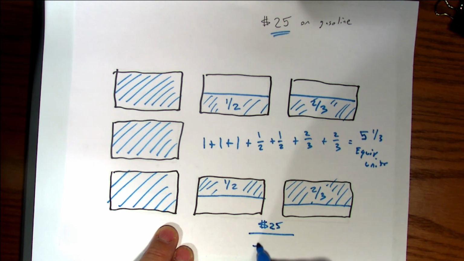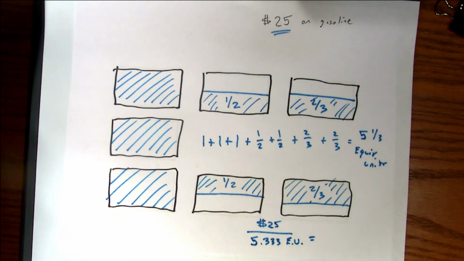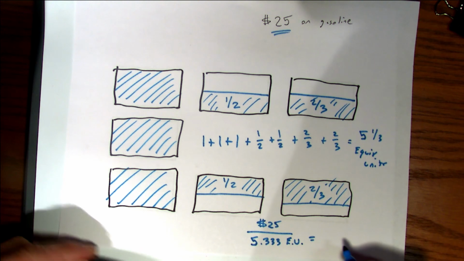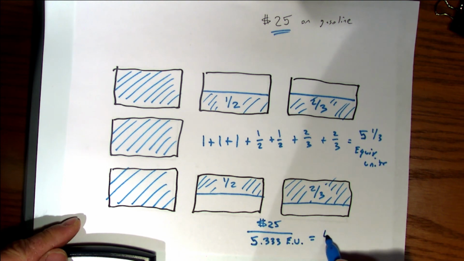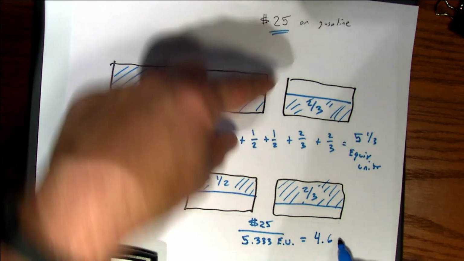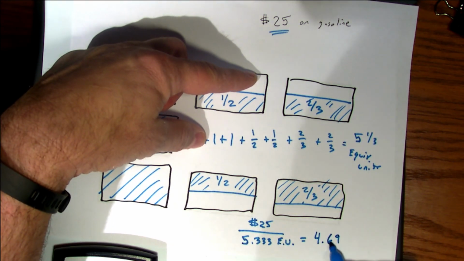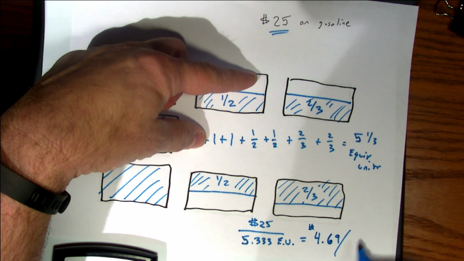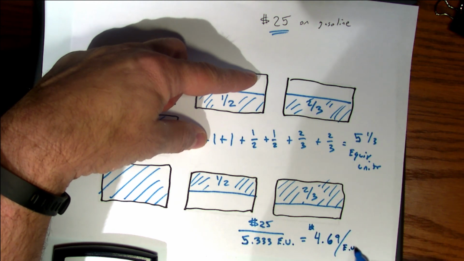You with me? So now what we can do is take that $25 divided by 5.333 equivalent units, and we'll get about $4.69 per equivalent unit.